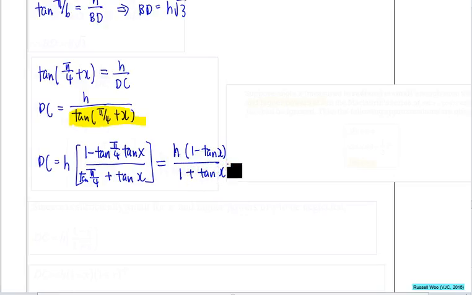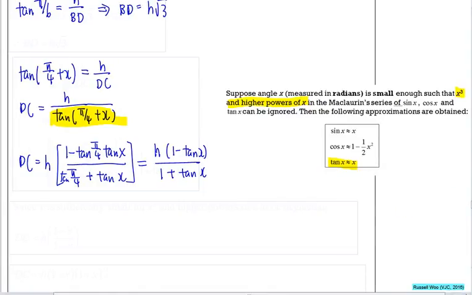Now we can do this, because x is small. So tangent x, recall from your notes above, you can have this. Now, can I emphasize this is not in the formula list? Just now I told you, alright? This is not in the formula list. So tangent x is x, plus x cubed over 3 and so on.